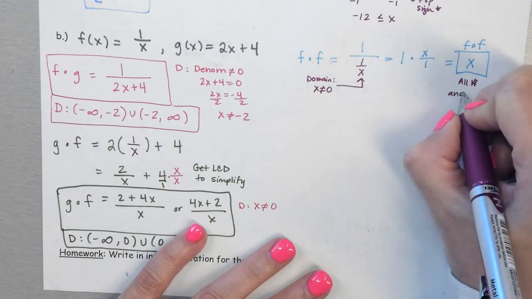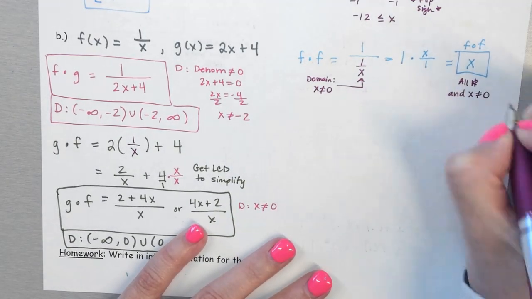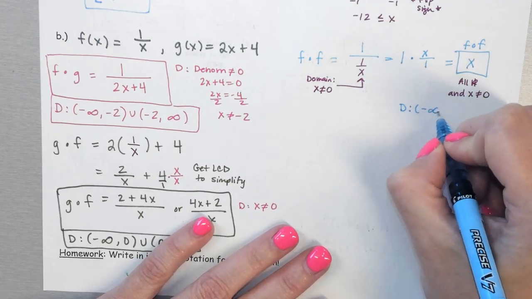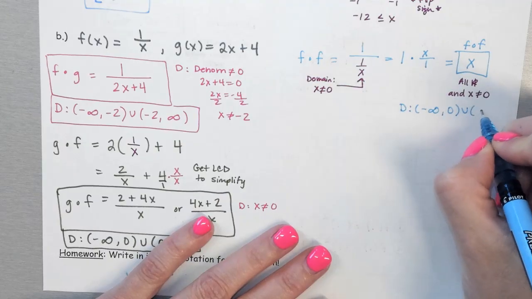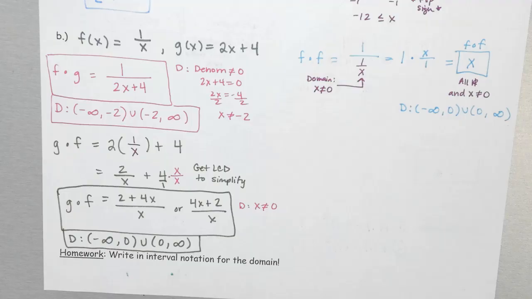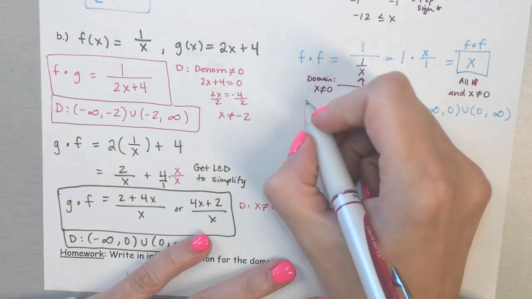If it's all real numbers and x can't be 0, then when you're writing your domain, it has to exclude your 0. Okay, so you have to take both of those into account. And again, that is for fractions.